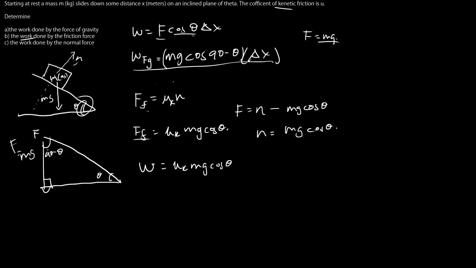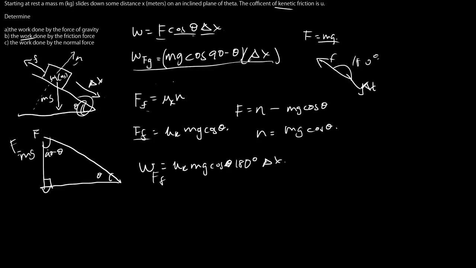Even though this is the force of friction, the displacement is actually moving in this direction. So the angle between the force of friction and the change in distance is 180 degrees. Cosine of 180 degrees times change in distance gives negative change in distance. So this is the work done by the force of friction.